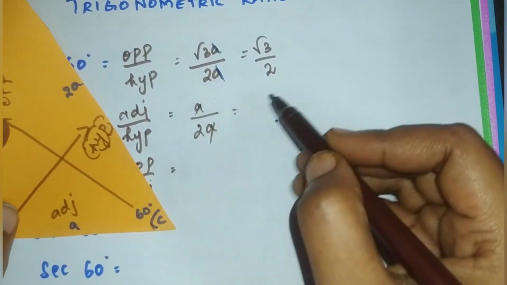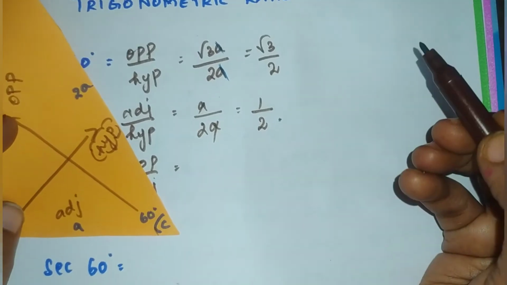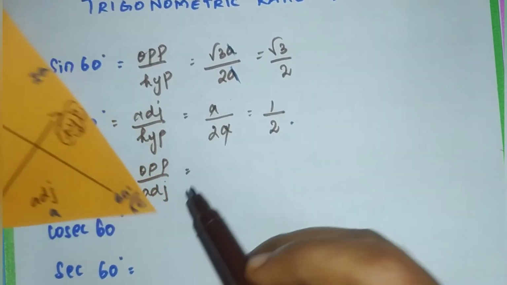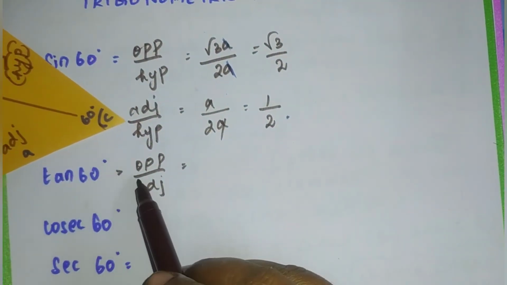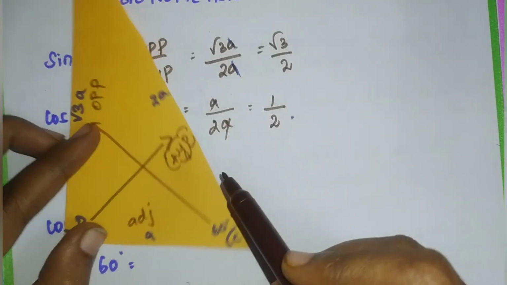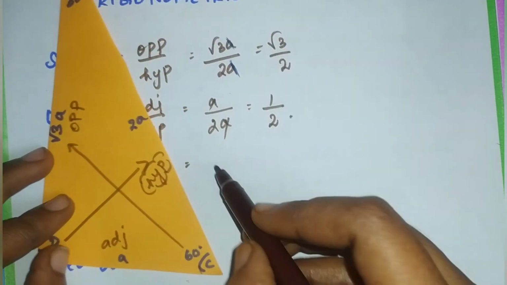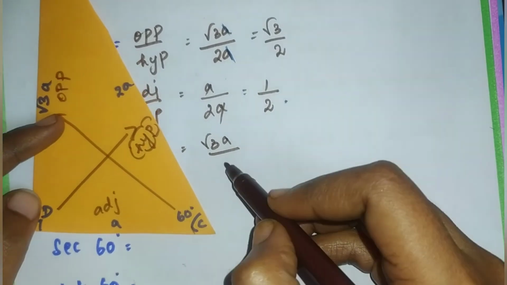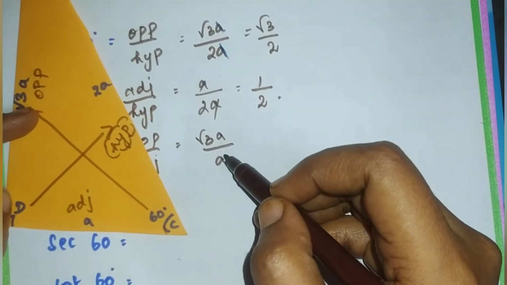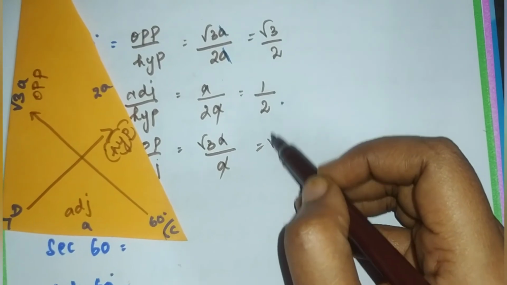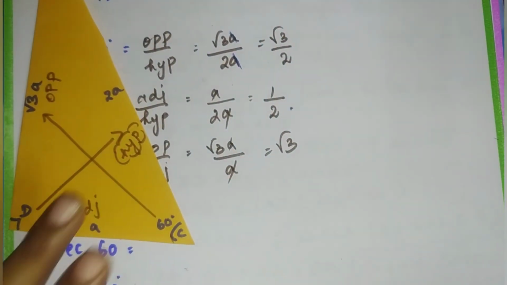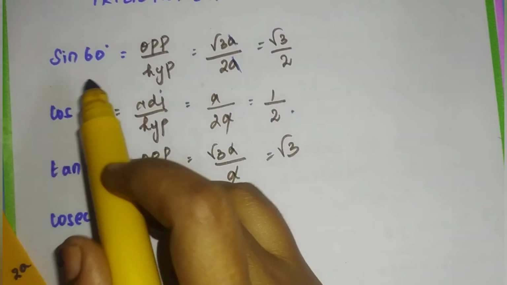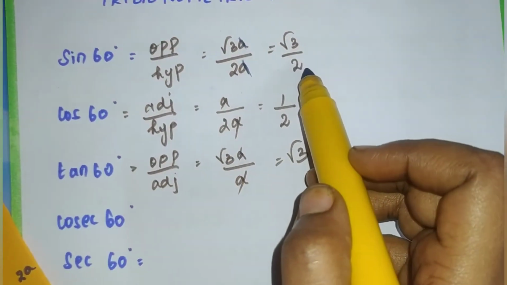We can cancel A, the remaining will be 1 by 2. Clear? And then tan 60 degree is opposite by adjacent. Opposite is root 3A and adjacent is A. We can cancel A, the remaining will be root 3. Clear?